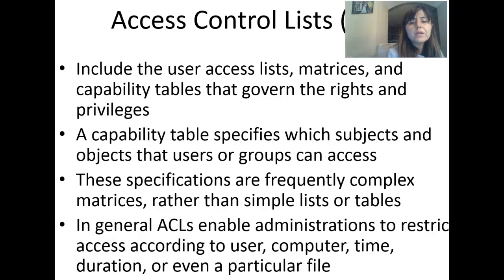Access control lists could include the user access list, matrices, and capability tables that govern the rights and privileges for the users. A capability table specifies which subjects and objects that a user or group can access. These specifications are normally complex matrices rather than simple lists or tables. Sometimes we call capability tables user profiles, or sometimes user policies.